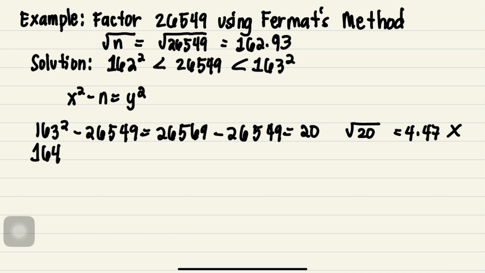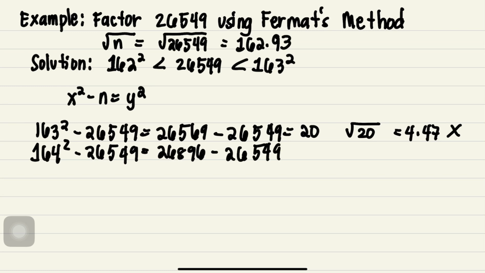So 164 squared minus 26,549 equals 26,896 minus 26,549 equals 347. Square root of 347 equals 18.63.